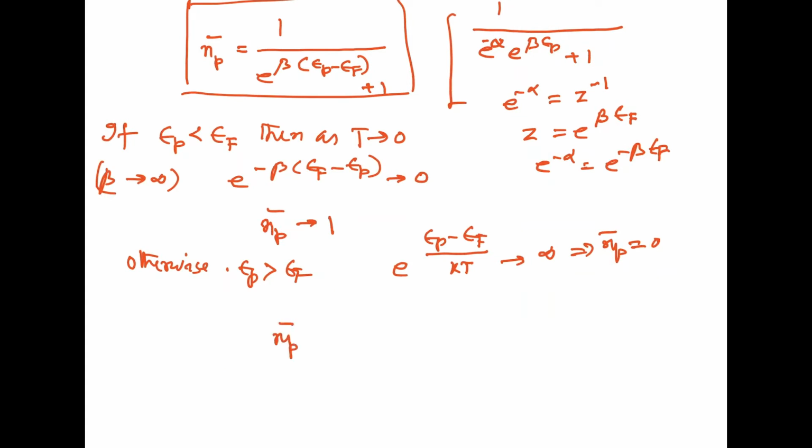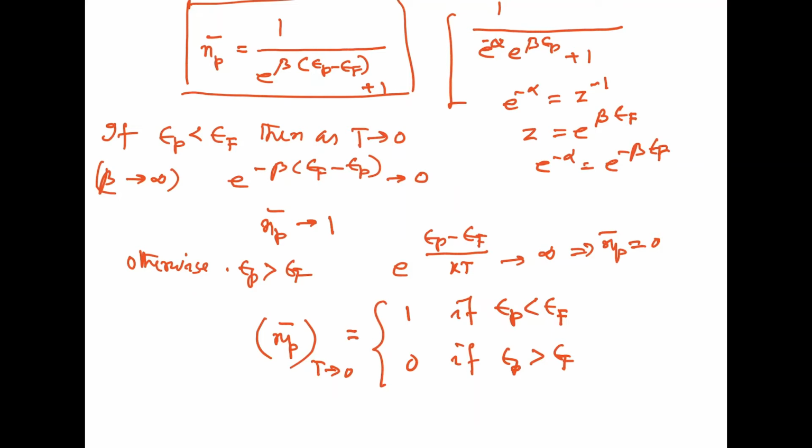So we can summarize: n_p bar in the neighborhood of temperature reaching absolute 0 is equal to 1 if epsilon p is less than epsilon F, and 0 if epsilon p is greater than epsilon F.